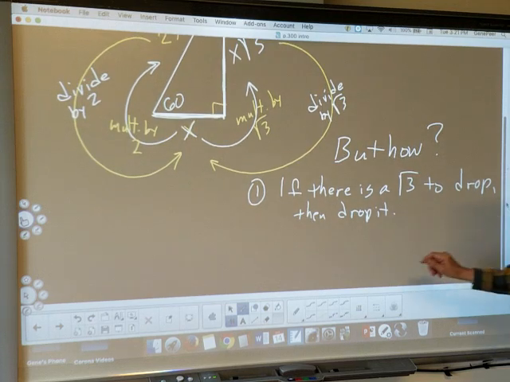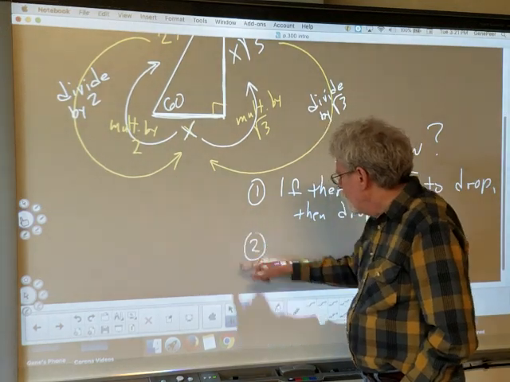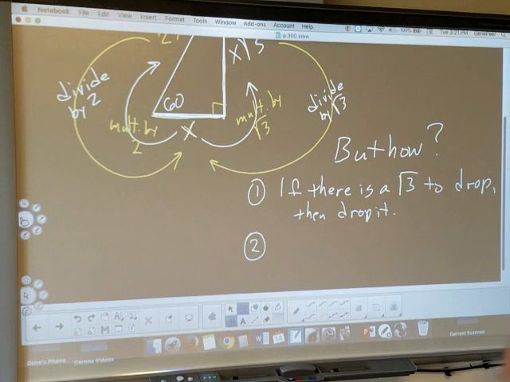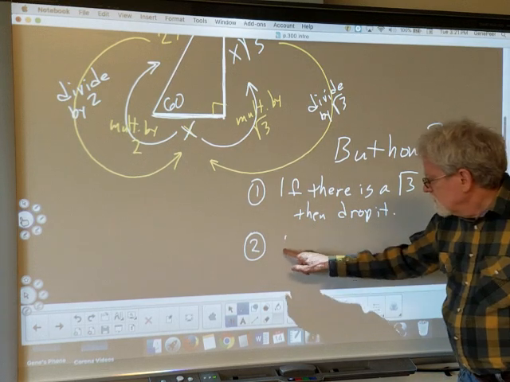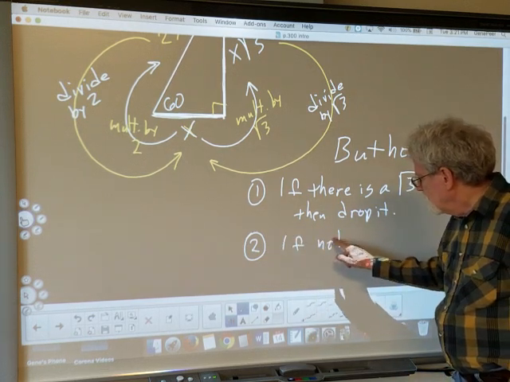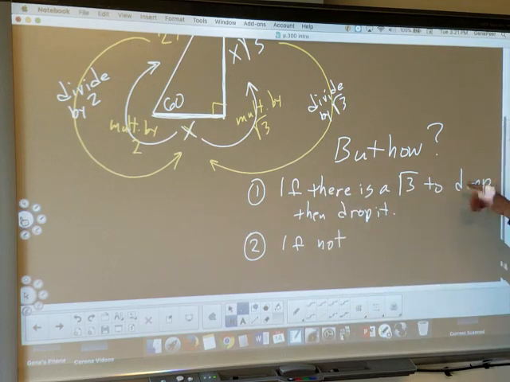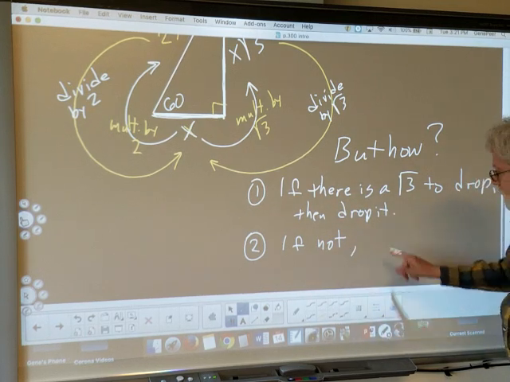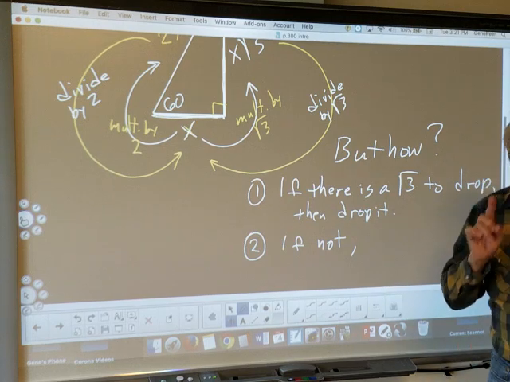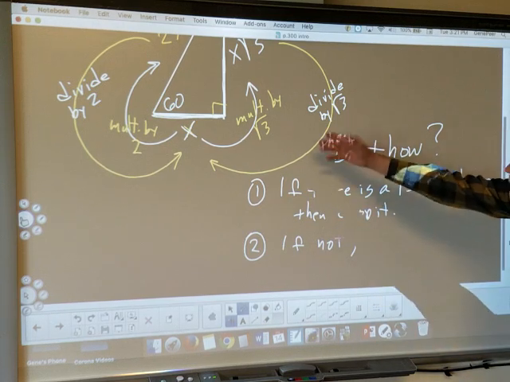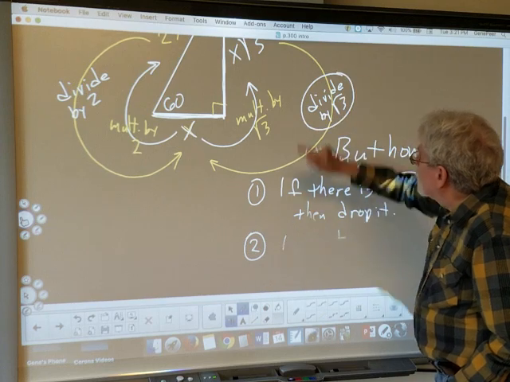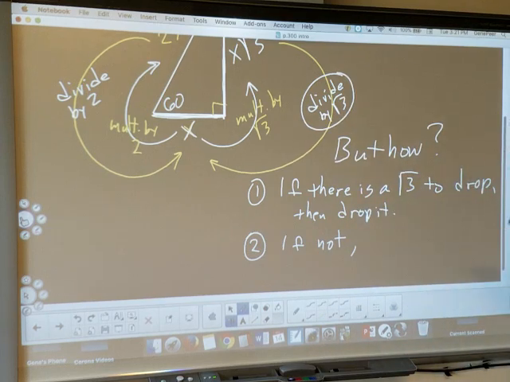Running out of room here. Rule number 2. What if there is no square root of 3 to drop? If not a square root of 3 to drop, then what in the world do you do? Well, guess what? You're going to divide by square root of 3. It says it right here. But how? Okay, well, we're getting there.